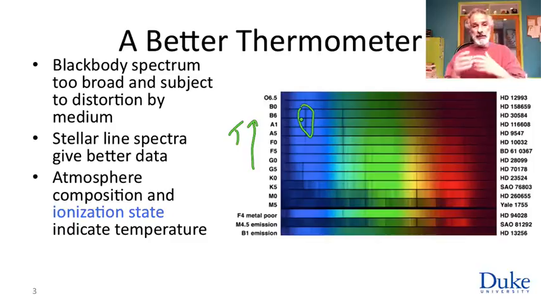In the cooler Bs and in the A-type stars, hydrogen lines are very prominent because hydrogen is now atomic. The light that the star is emitting is at high frequency and the temperature is high enough that these hydrogen atoms get excited to their first excited state, and we observe this line associated with a hydrogen atom in its first excited state. Excitations of the hydrogen atom from the ground state are ultraviolet, and they don't appear in the visible light spectrum.